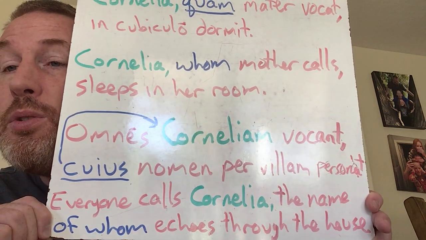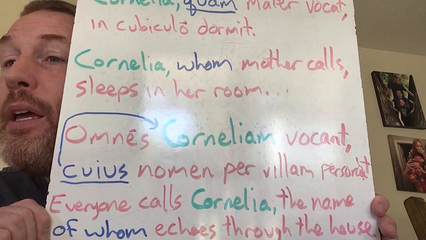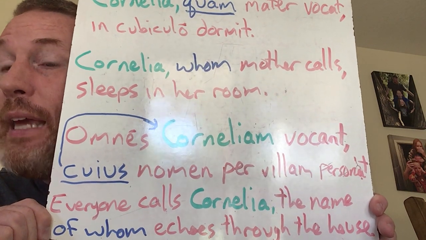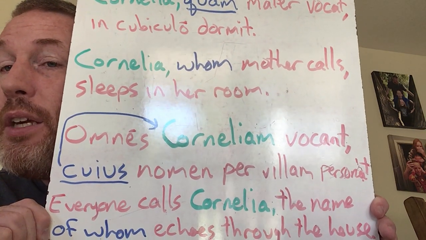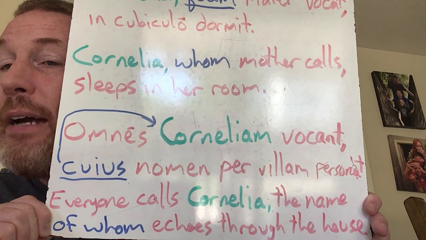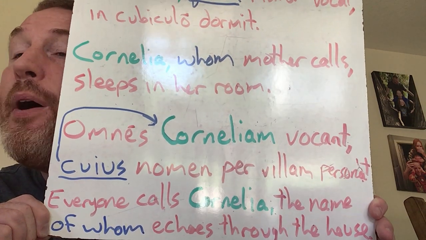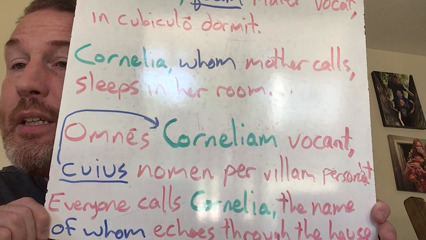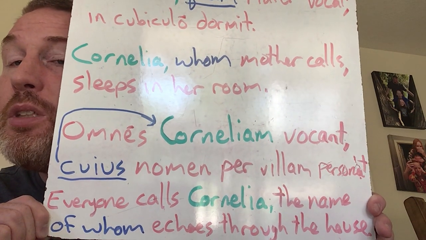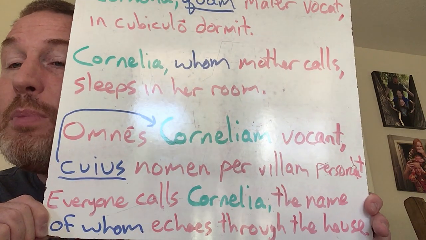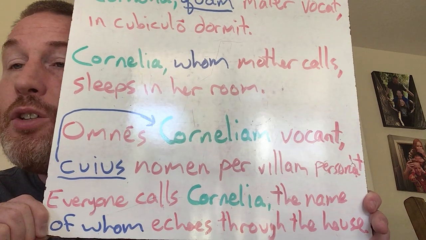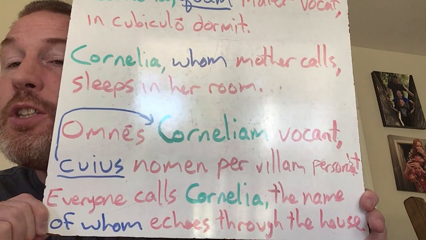So cuius has to match Corneliam in number and gender, but not in case. Cuius is singular and feminine, because it's referring back to a singular feminine. But it is not a direct object. It is a possessive. That's why we use the genitive. So the case being used there is determined by its function in that clause.